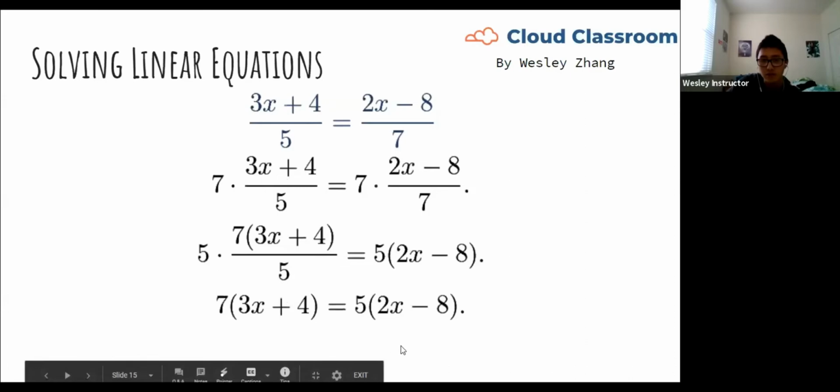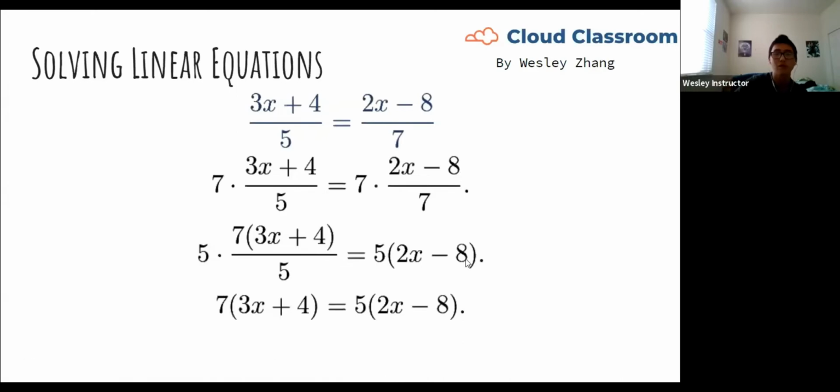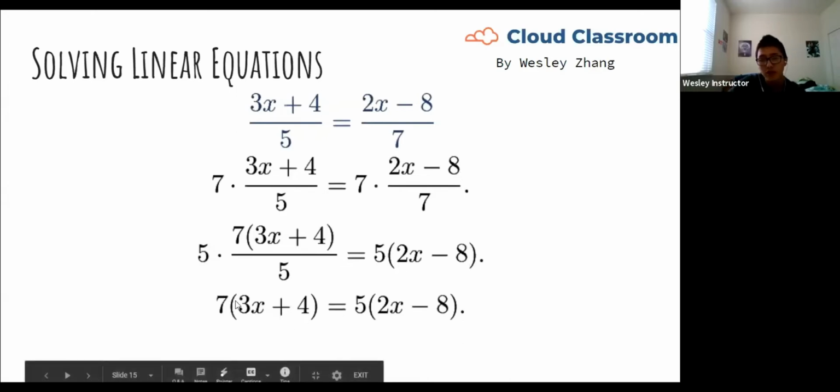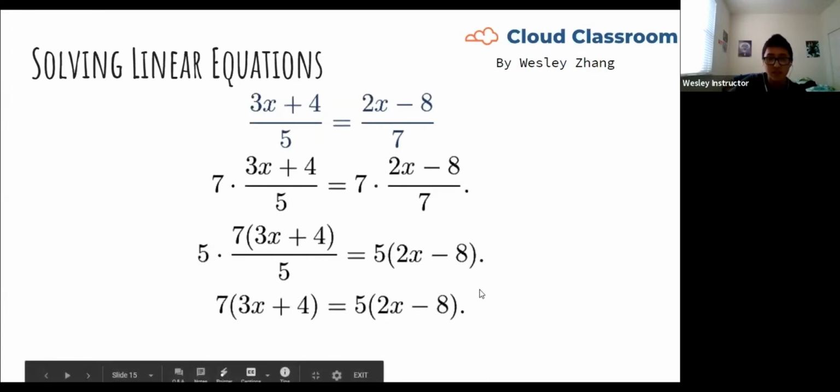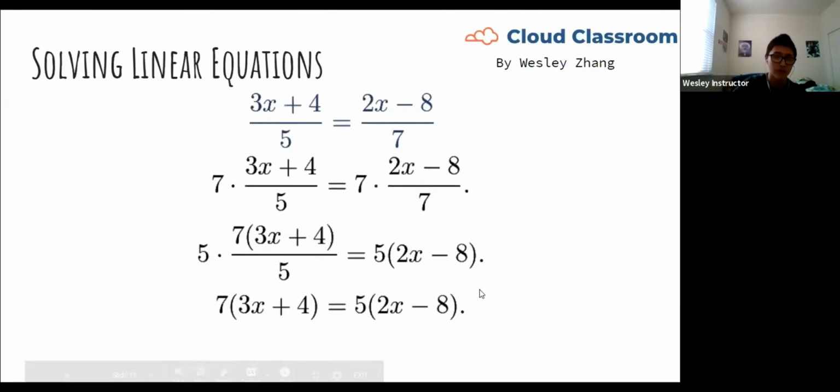The end product of all those steps is 7 times 3x plus 4 equals 5 times 2x minus 8. So that's how you get rid of the fractions in this problem. And then once you do that, you can multiply the 7 and the 5 into the parentheses, and then just follow the steps you already know from algebra.